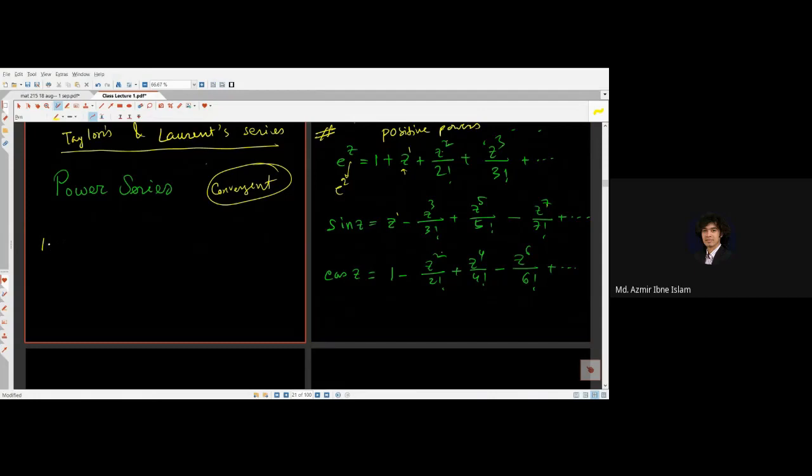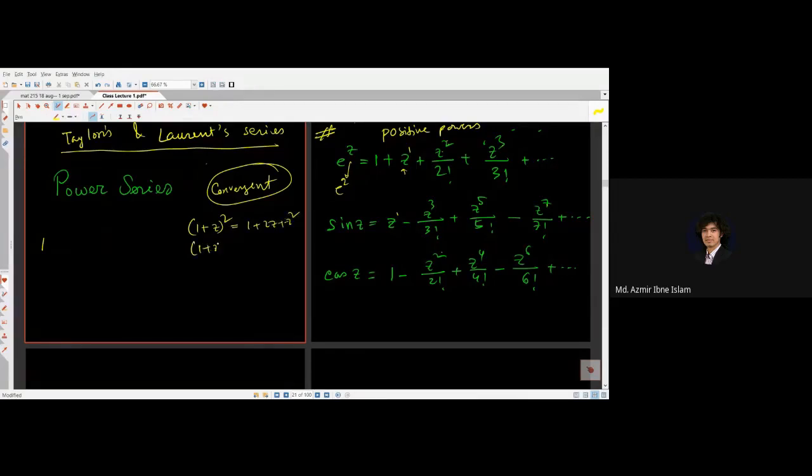We are familiar with, let's say, 1 plus z squared. We know it will be the (a plus b) squared formula, that is a squared plus 2ab plus b squared. So if we apply this, it will be 1 plus 2z plus z squared, right?